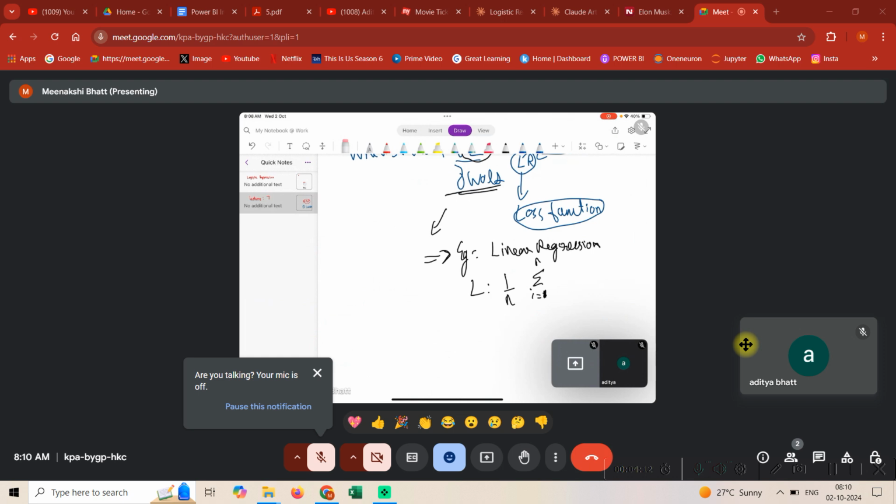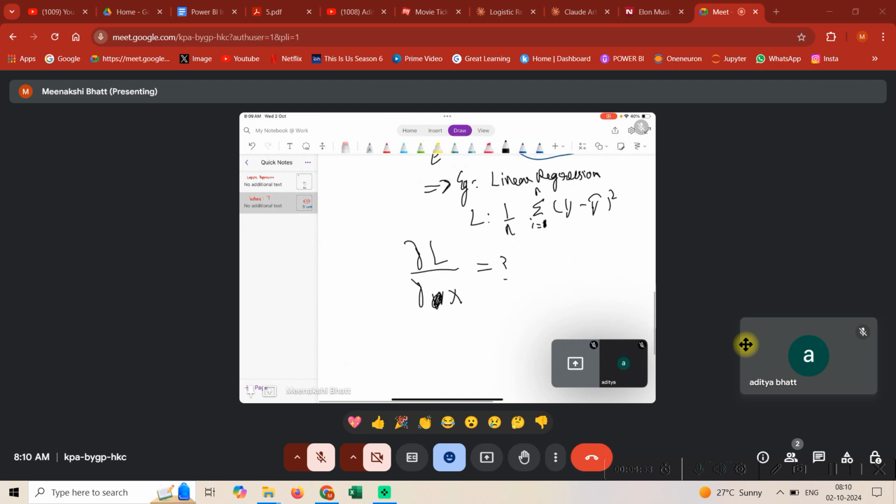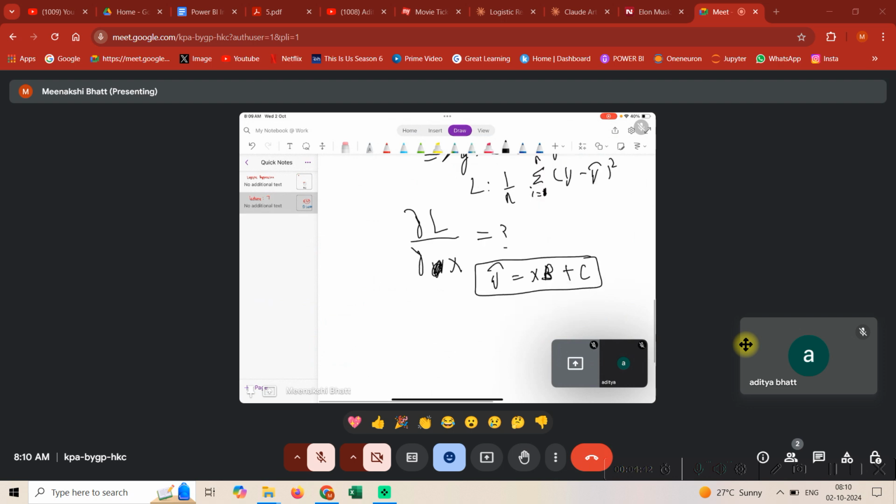I haven't prepared these notes, I'm writing whatever is in my mind. What is this with respect to, let's say, w, or perhaps with respect to x. What is y hat? Isn't y hat xb plus c?